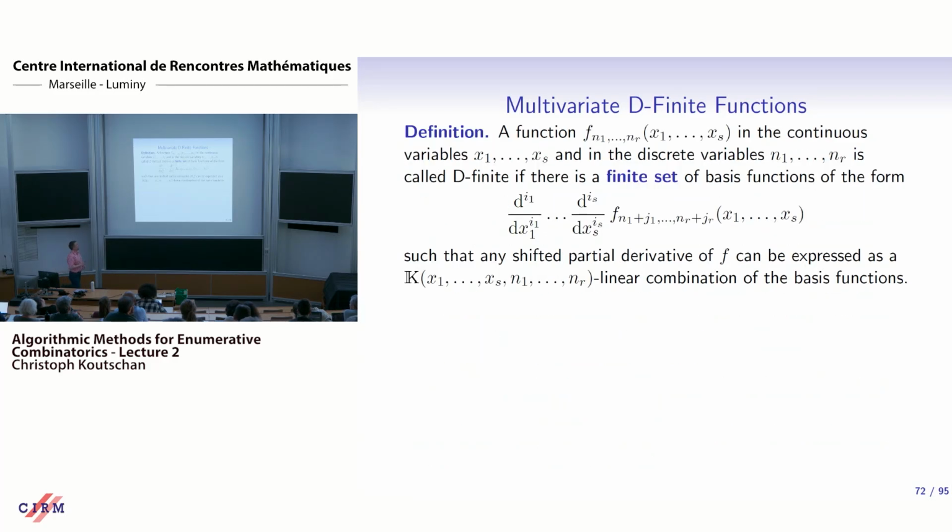So here's an attempt at a definition that tries to mimic what we have seen before. If we have such a multivariate function f, we call it D-finite if there is a finite set of basis functions of this form.